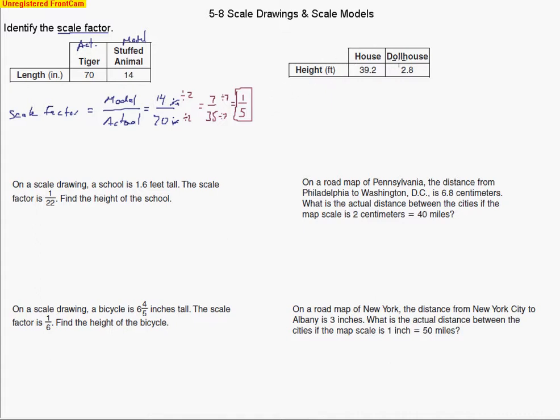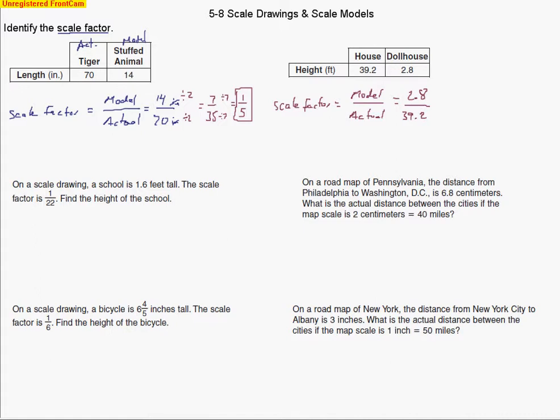Here we're dealing with a dollhouse and an actual house. Again, the scale factor is that ratio of the model compared to the actual. So we take the model, in this case 2 8/10, and compare it to the actual, which is 39 2/10 feet high.